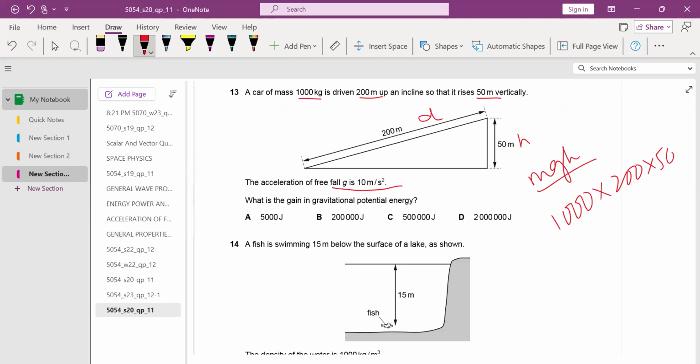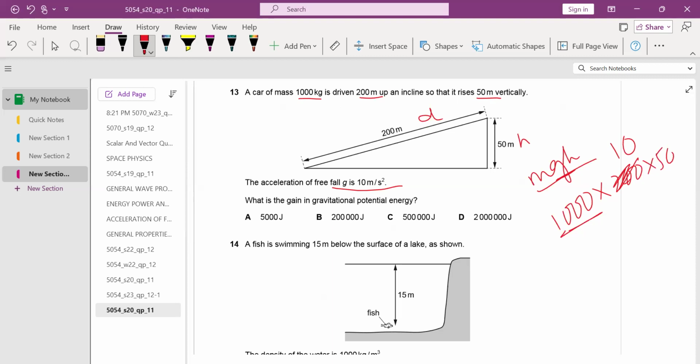So just a second. 1000 is the mass, 50 is the height, and 200 was the distance. But here we have to put the gravitational field, which is 10. I mistakenly wrote 200.